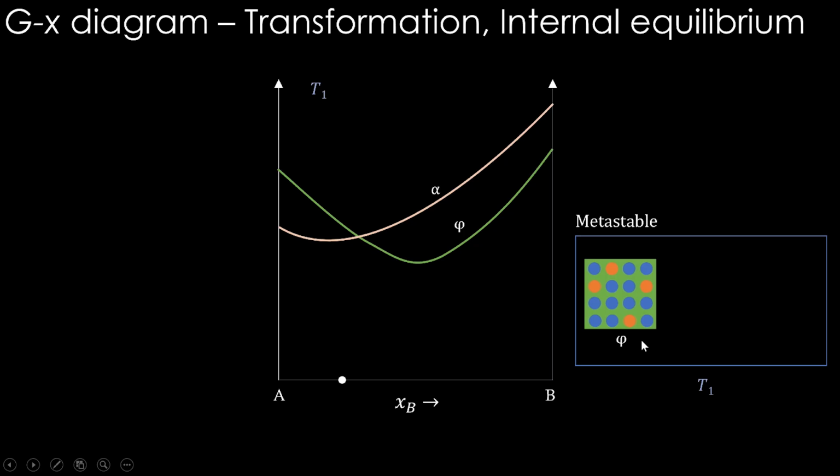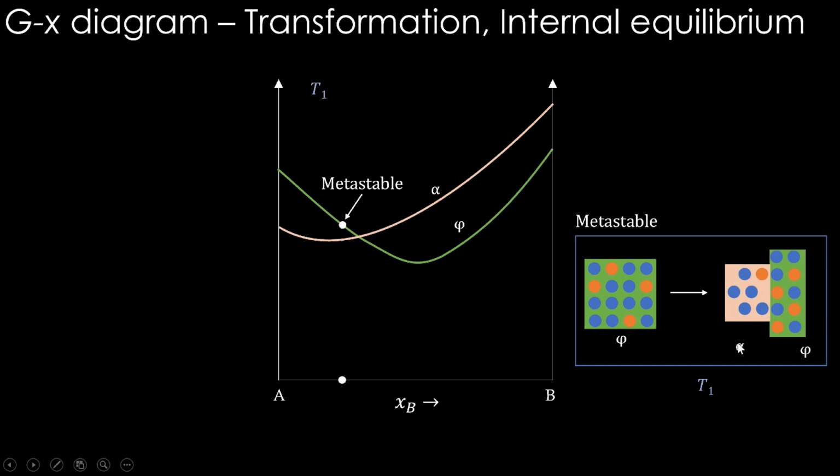Phi is not stable at this temperature, and this is the Gibbs energy of this phi phase at temperature T1, and obviously it is not the stable one. Now this is going to ultimately transform to this alpha plus phi structure. That is the stable state, and eventually the Gibbs energy will drop to where the common tangent is. This is the stable state now.